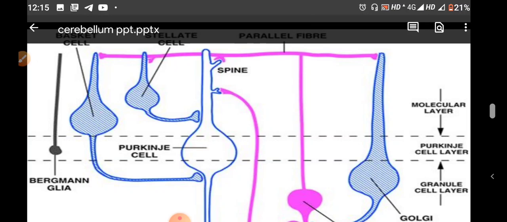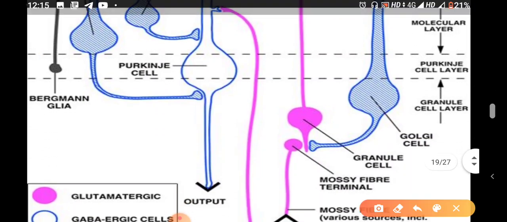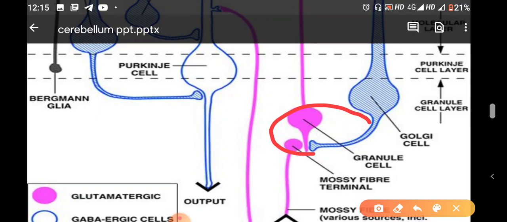So from the above description, we have feed forward inhibition of Purkinje cells, feed forward inhibition of granule cells, and the feedback inhibition of again the granule cells.